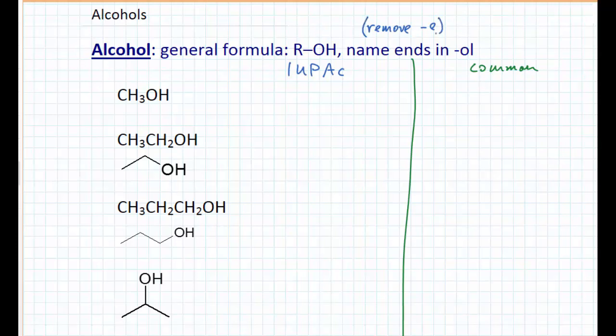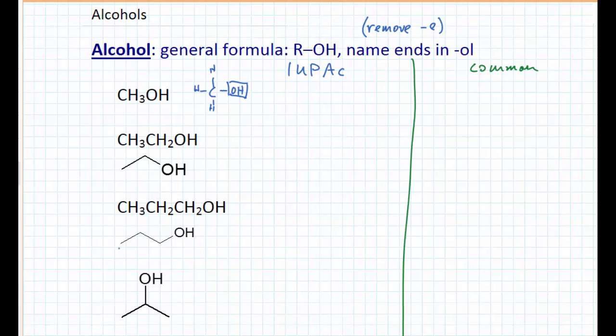If we take an alkane and replace one of its H's with an OH, essentially, we get an alcohol. So we take the E off of the end of the name of an alkane and replace that with ol. So if I have a one-carbon alcohol, CH3OH, it's not CH4OH because that carbon still needs 4 bonds. 3 of those will be the H's, but instead of an H over here, that's the OH of the functional group. So that's why it's CH3OH now.